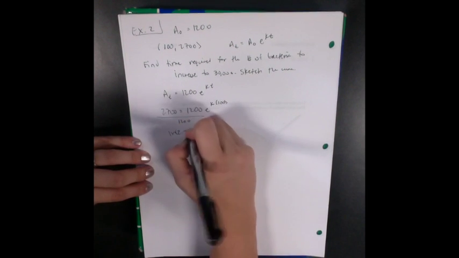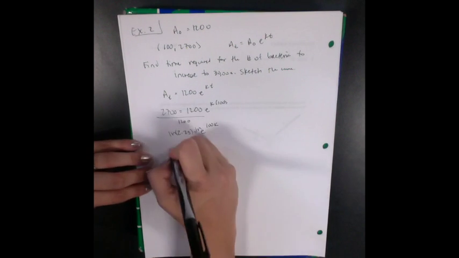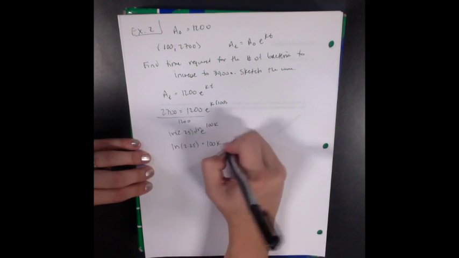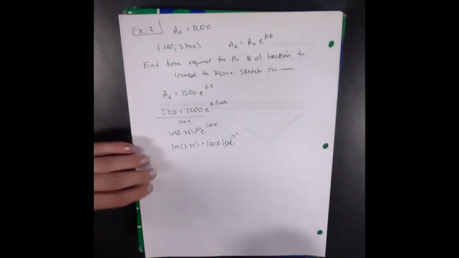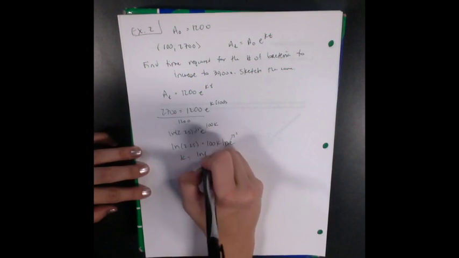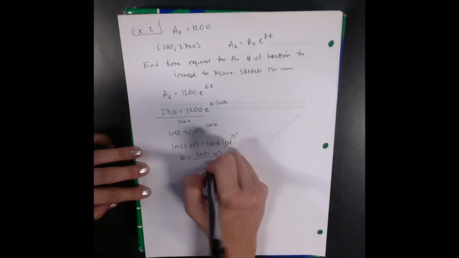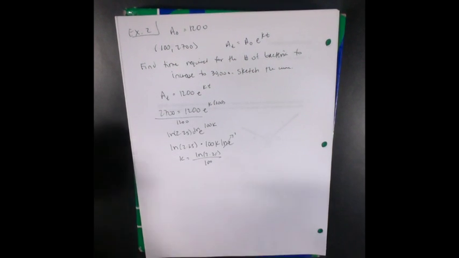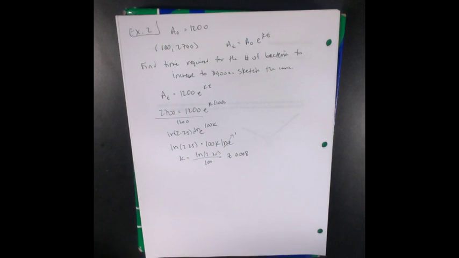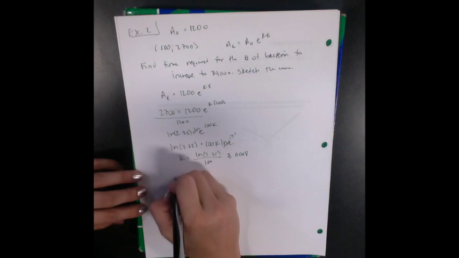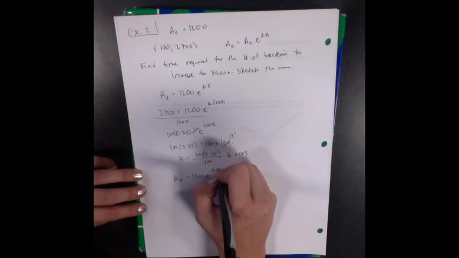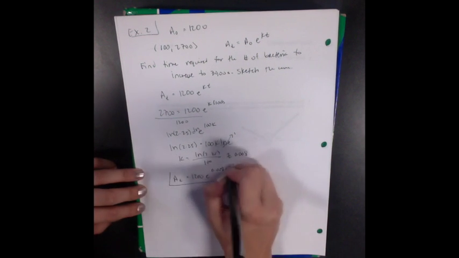Now I take the natural log of both sides, leaving me with the natural log of 2.25 equals 100k times the natural log of e, which we know is 1. So k is the natural log of 2.25 divided by 100, which is approximately 0.008. So my equation is A sub t equals 1,200 e to the 0.008t.